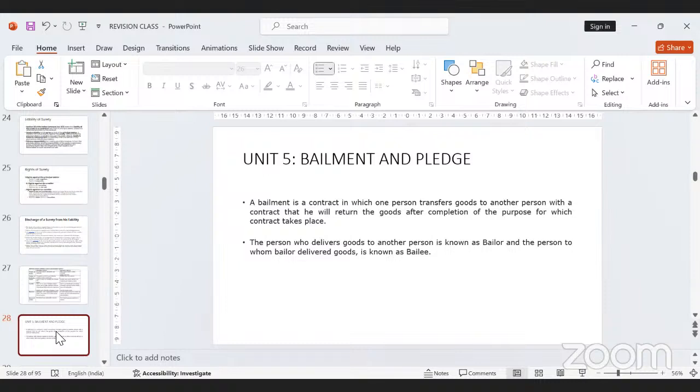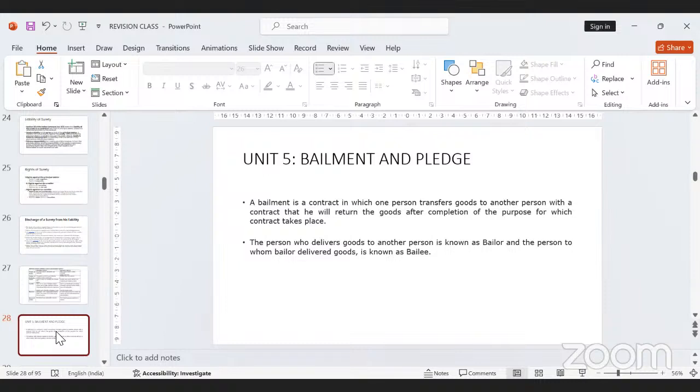So transfer of goods is taking place both in bailment as well as pledge. Transfer of goods is there, but the purpose is different. In pledge, transfer of goods is taking place only for using it as a security for some loan. But in bailment, it could be for anything.